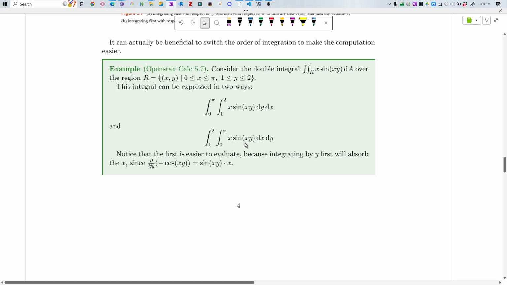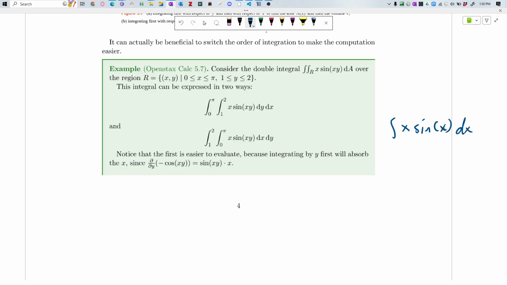So if you were to simplify this integral back to the Calc 2 situation, this is analogous in part to, well, maybe instead of y, you treat it as some number. So this inner integral is basically this guy. So this is a cyclic by parts problem, if you remember that from Calc 2.